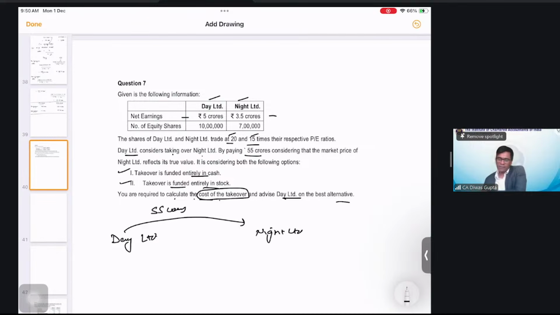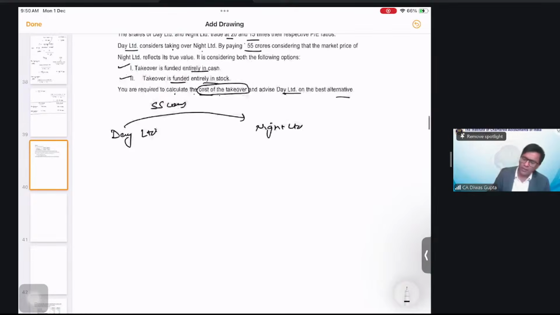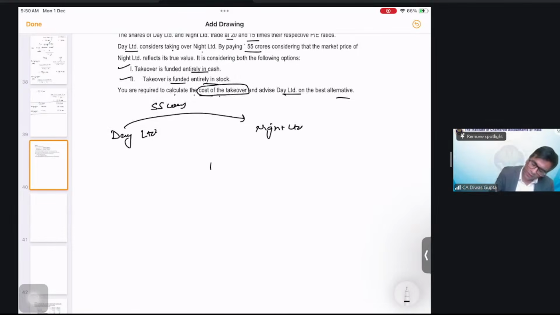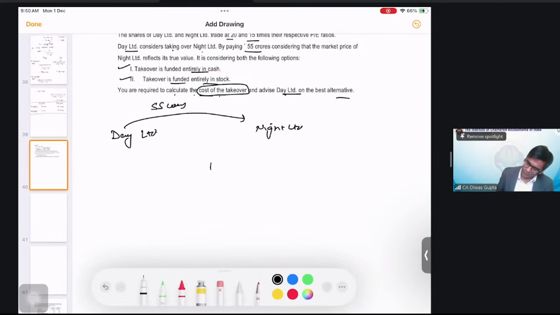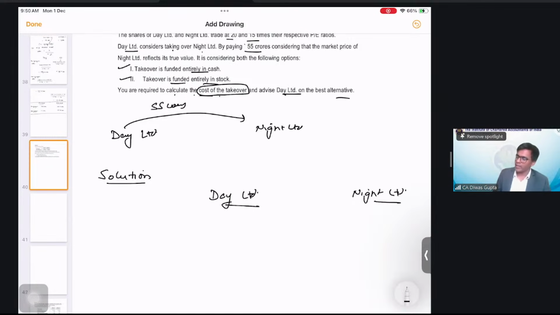We can probably calculate both the things, right? It's easier. So let's first populate the facts and figures that are given to us. Let's go to solution, students. So two companies, Day Limited and Night Limited, wherein Day Limited is acquiring Night Limited.